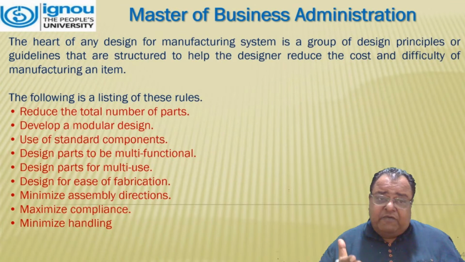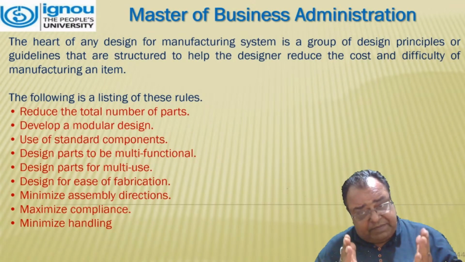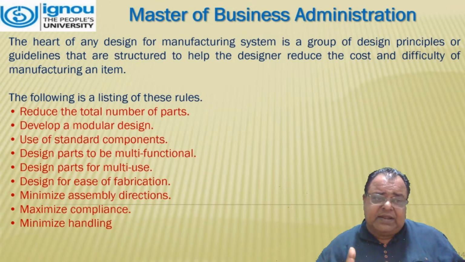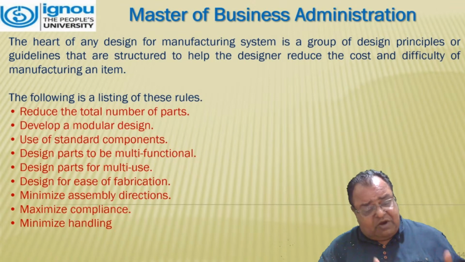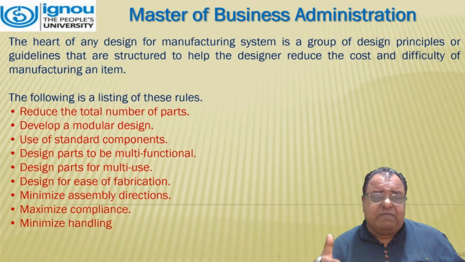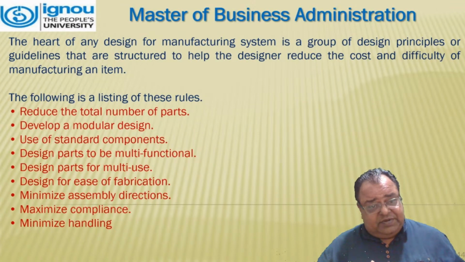The heart of any design for manufacturing system is a group of design principles or guidelines that are structured to help the designer reduce the cost and difficulty of manufacturing an item. The following is the list of these rules. Reduce the total number of parts.